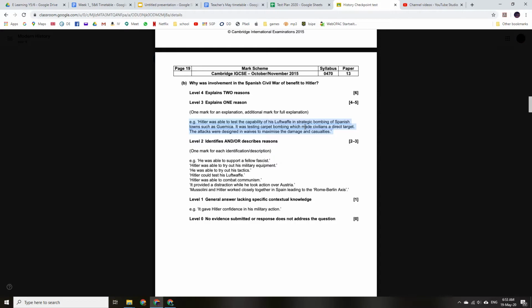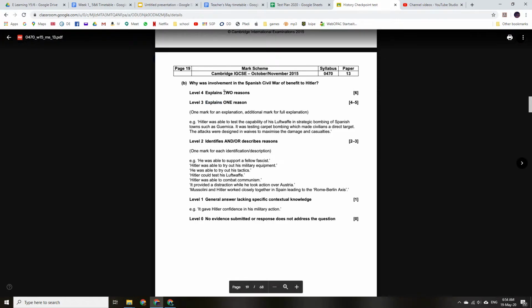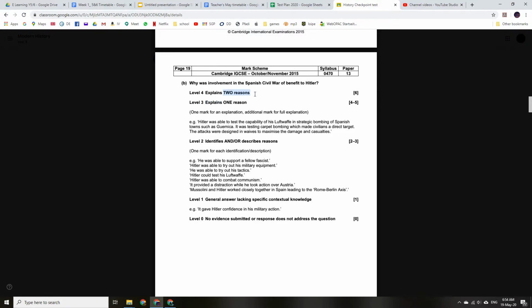Sometimes you think you wrote a paragraph, but all you really wrote is identifying or describing something. You have to explain why, not just describe what happened. Okay? The better your explanation, the more points you get. When you give me 2 paragraphs, which is what I'm always asking for, 2 good explained paragraphs, you can get up to 6 points.